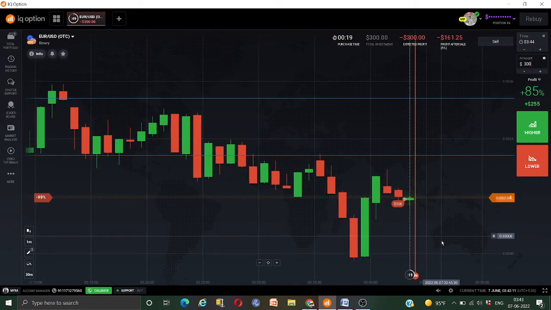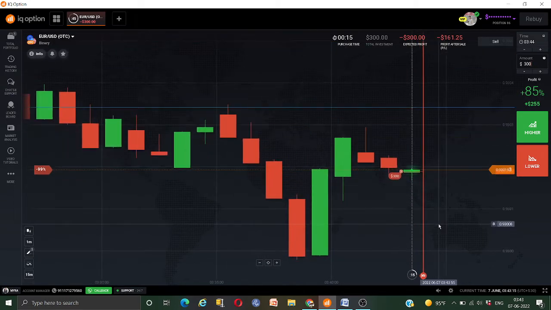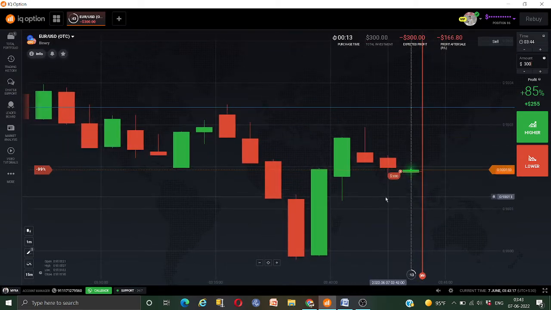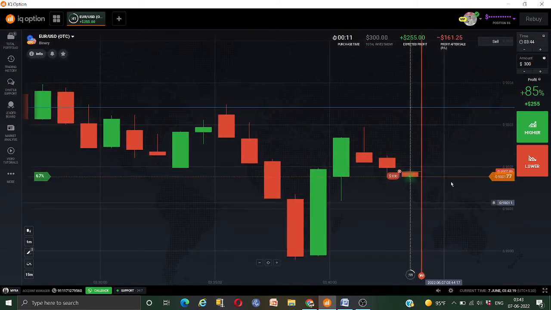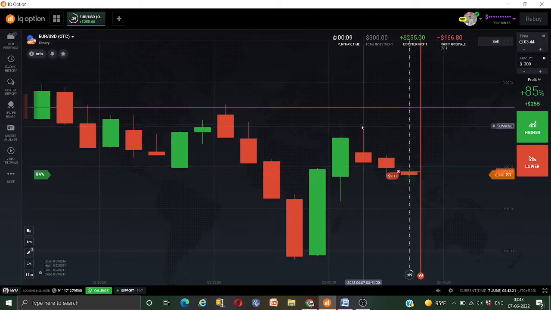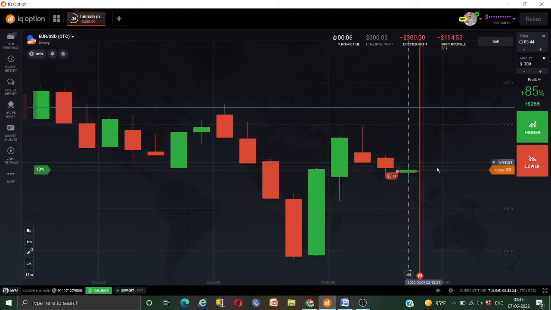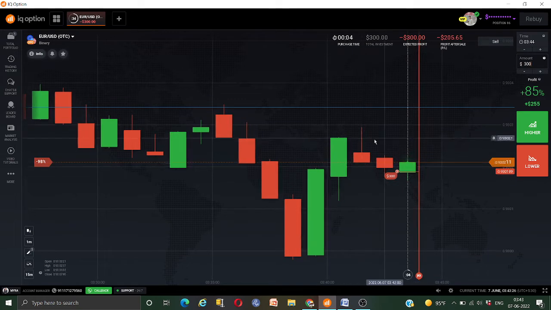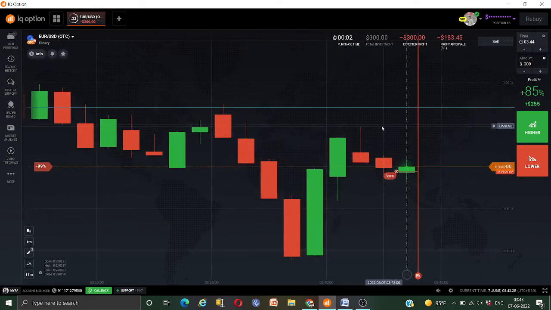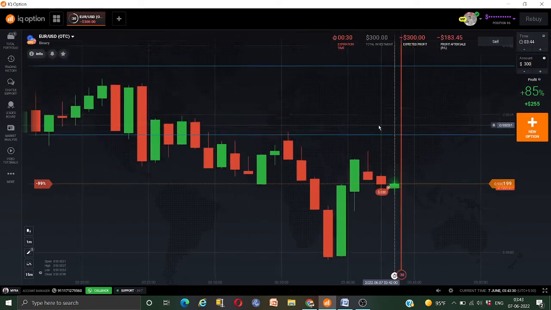If I took it here for 1 minute, it's okay, no problem. Even though it's a loss, it doesn't matter, because I will win on the next candles. With these additional confirmations, I will take a put option because the sellers are present and it is from the zone of resistance.